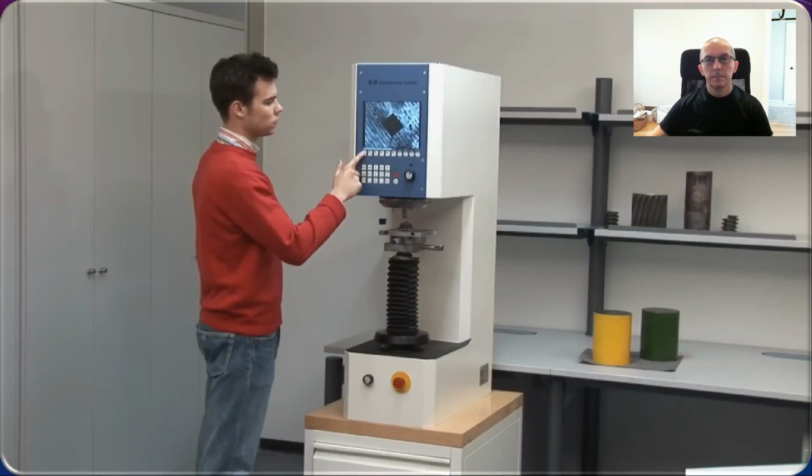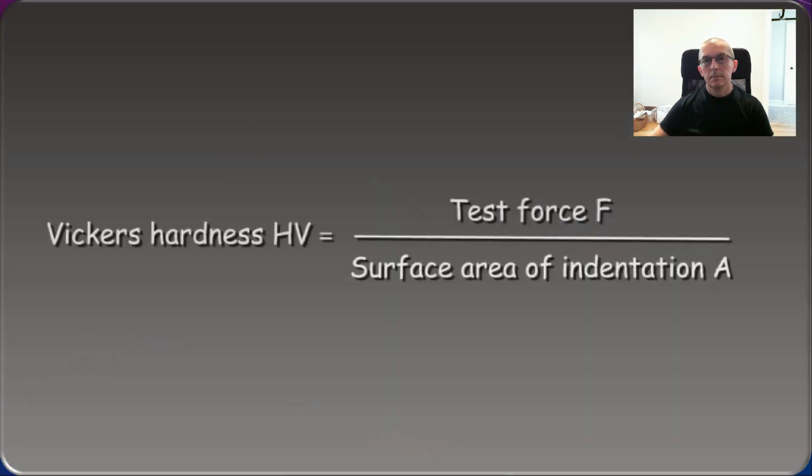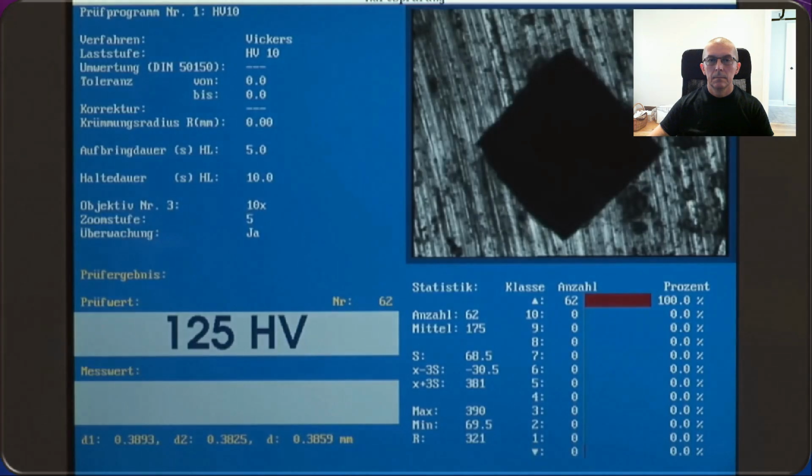Finally, he only has to push the input key. The Vickers hardness value will then be calculated automatically. It is equal to the test force F in the old unit kilopond divided by the area of the indentation A in square millimeters. The Vickers hardness of our compressor wheel is displayed on the bottom left-hand corner of the screen and amounts to 125.